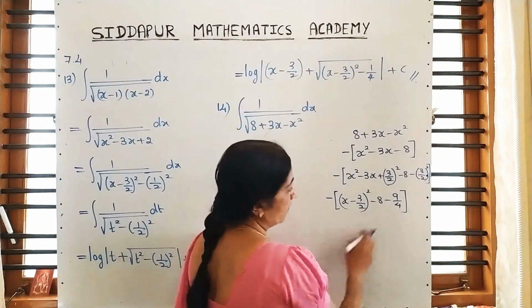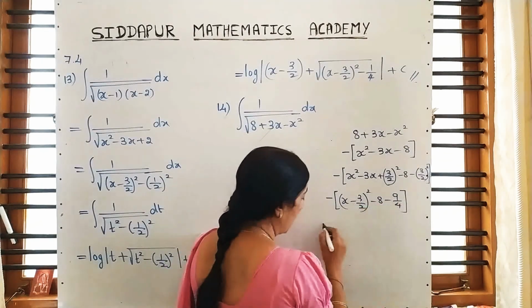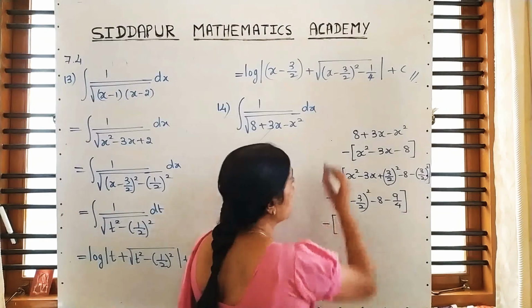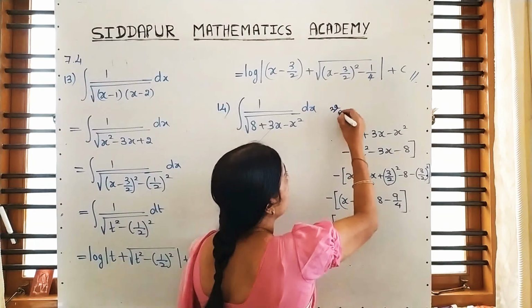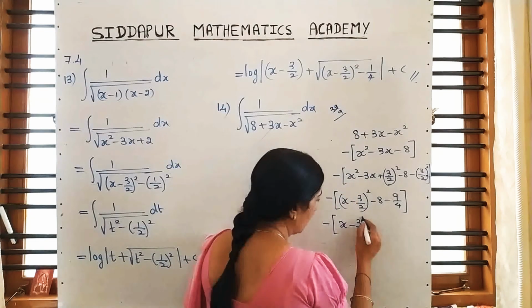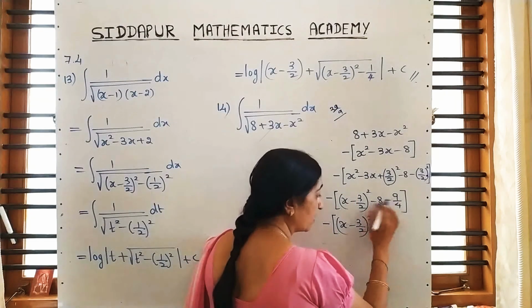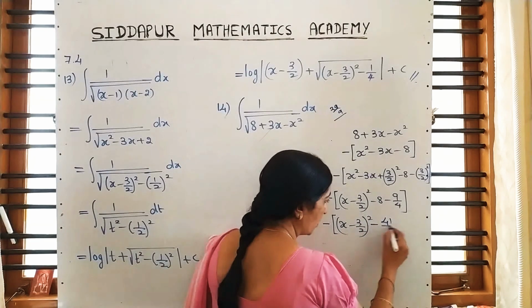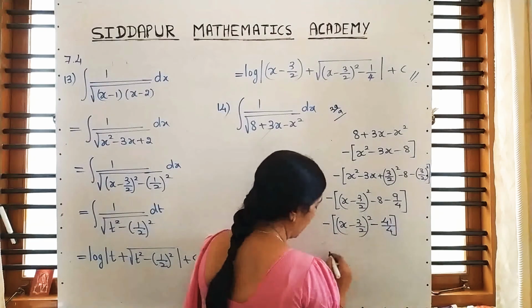Now take the LCM. LCM is 4. 8 fours are 32. 32 plus 9, 41. So it is (x minus 3 by 2) whole square. Both have a minus sign, that's why we are adding 41 by 4. Take minus inside.